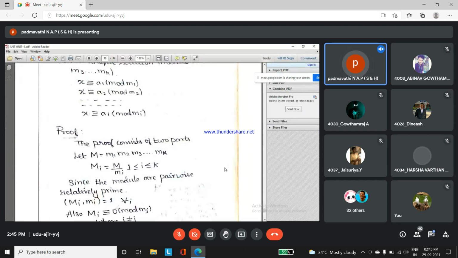Capital M is the multiplication of the moduli. Next we have to find Mi. Mi is equal to capital M divided by small mi, the modulus. Capital M is the multiplication of the moduli.